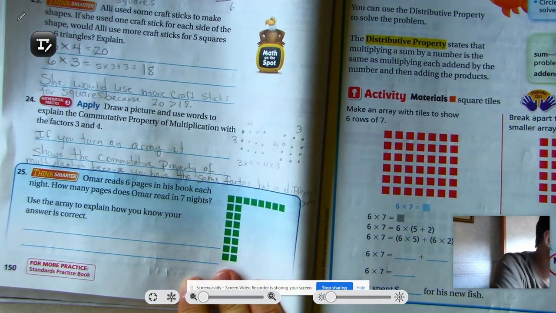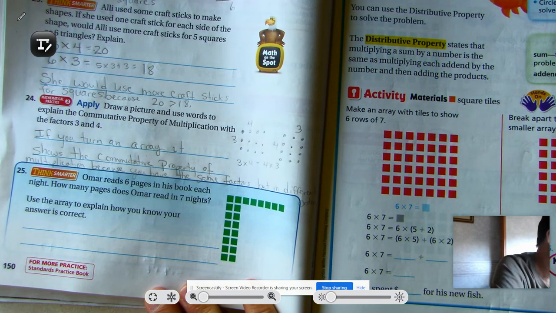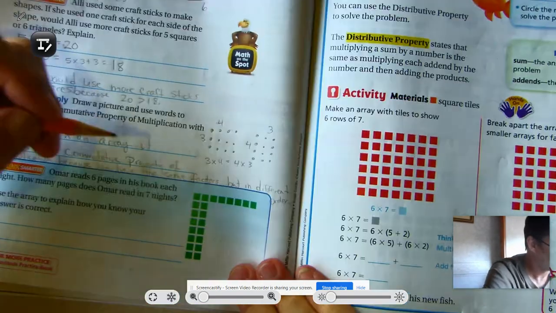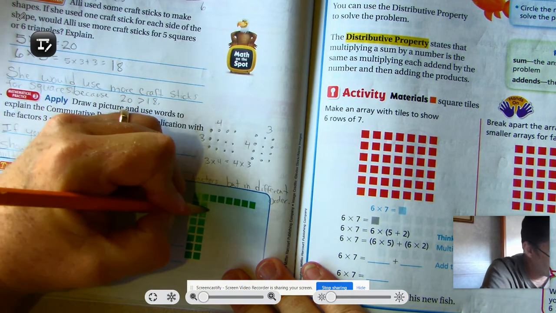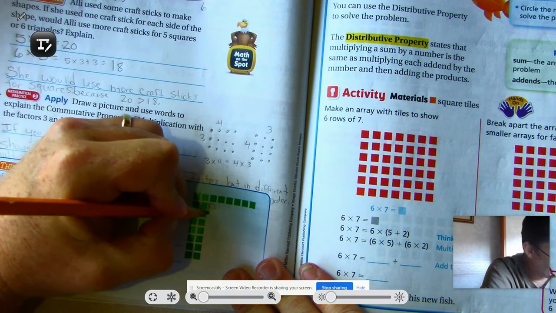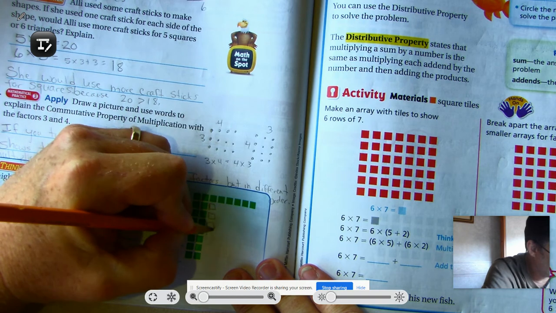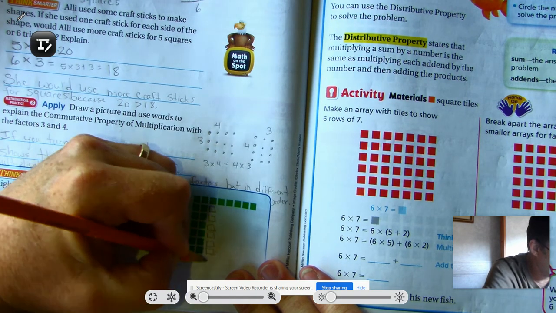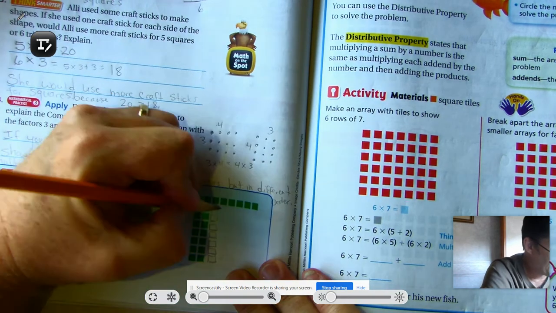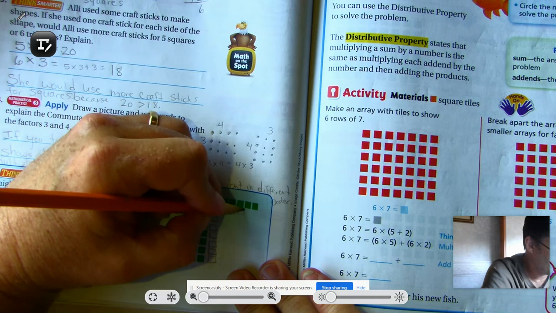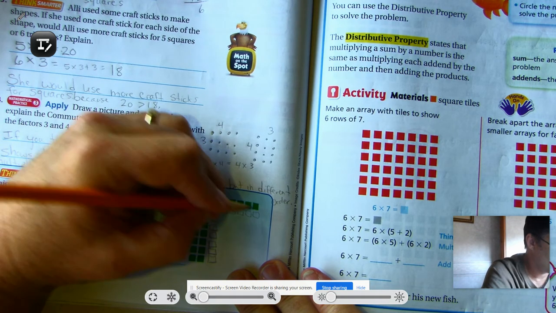All right, number 25. Omar read 6 pages in his book each night. How many pages does Omar read in 7 nights? Use the array to explain how you know your answer is correct. All right, so if I draw in 7 rows, and 6 pages in each row.